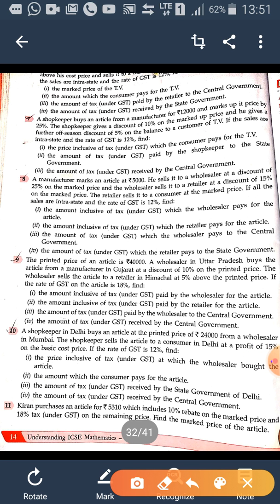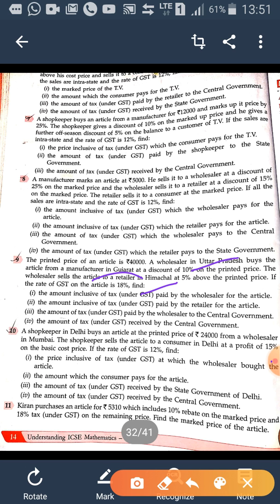So again, it is an interstate thing. First this wholesaler of Uttar Pradesh buys it from a manufacturer of Gujarat, and then he sells it to someone else in Himachal. So both these transactions are interstate transactions, and the rate of GST is 18%.